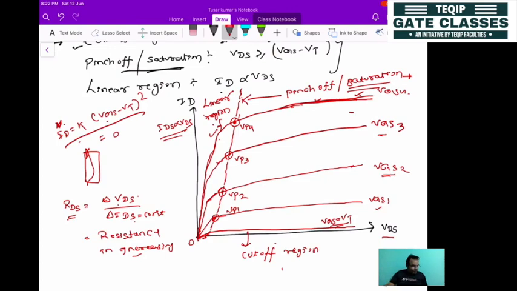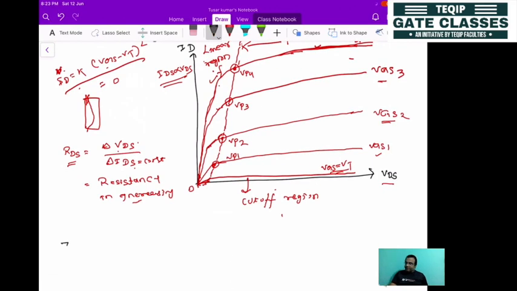So you can note these points here. First, when VGS equals VT, ID becomes 0, since ID according to the square-law equation is proportional to (VGS minus VT) squared.